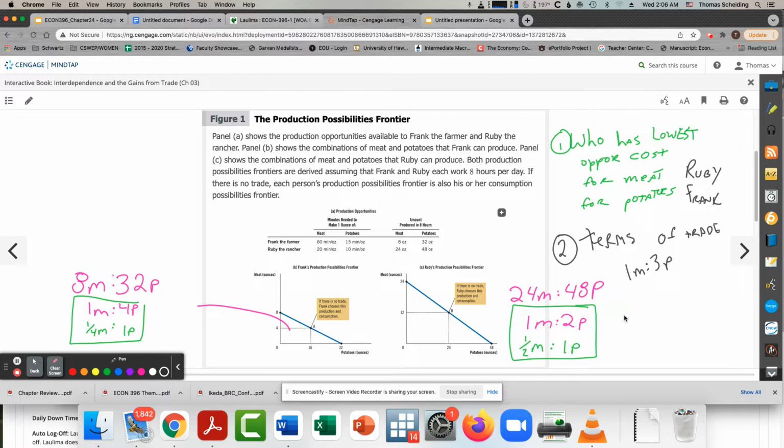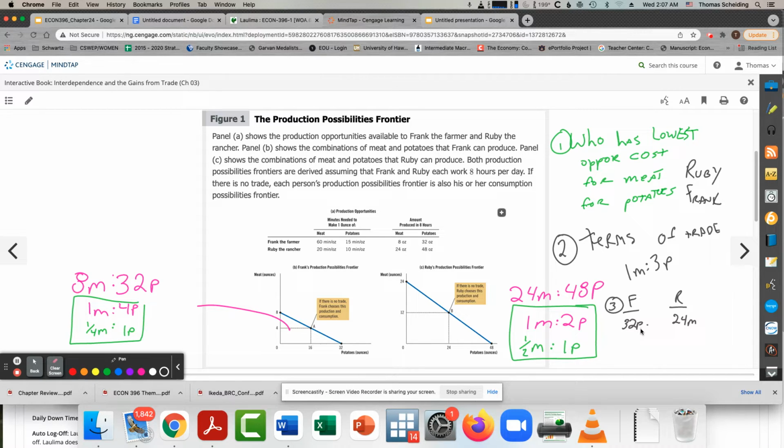So if that's the case, Frank at the initial point is going to make only potatoes, so he's going to make 32 potatoes, and Ruby is going to make only meat, so 24 meat.